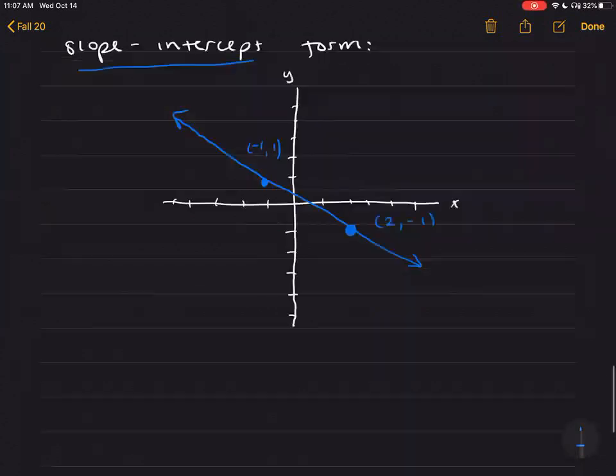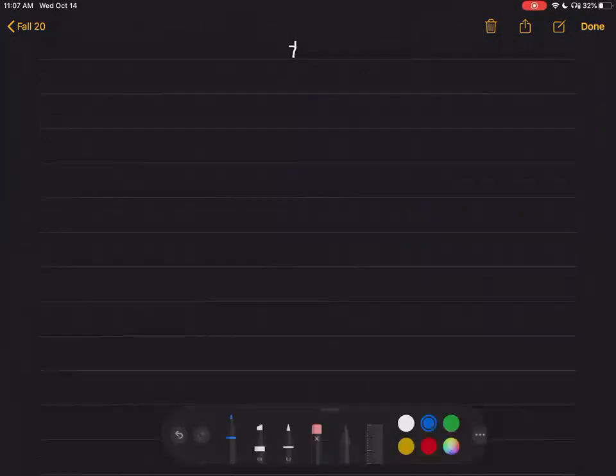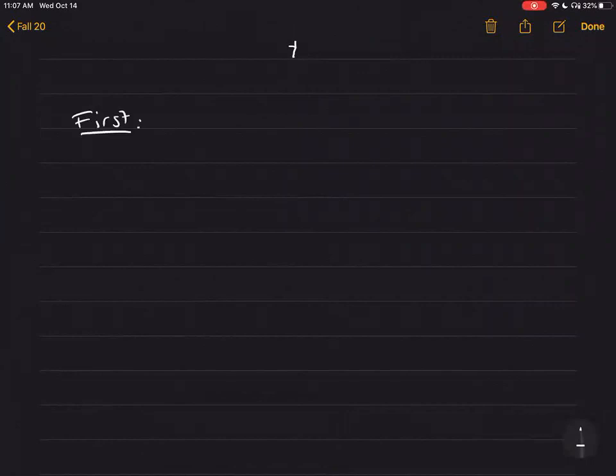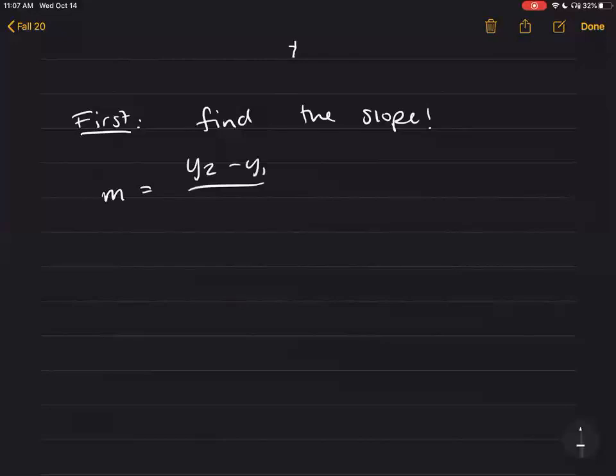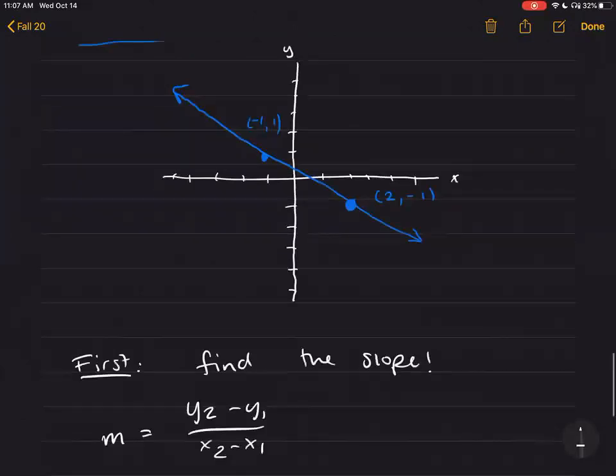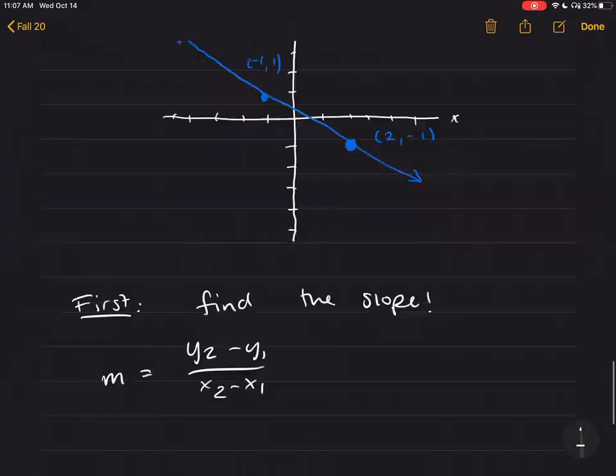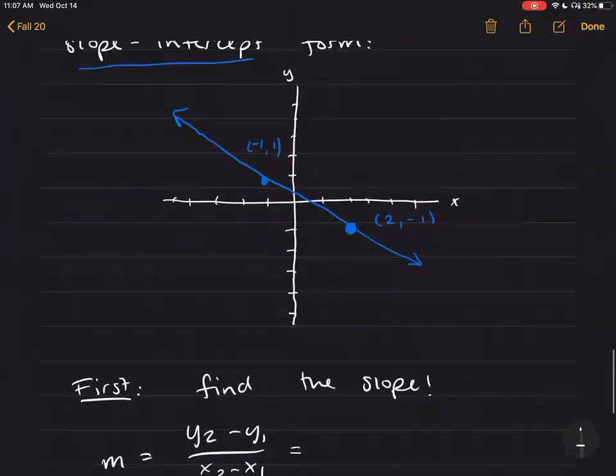Let's first find the slope, because we actually need it for both of them. Remember, it's rise over run, and the equation was y2 minus y1 over x2 minus x1. It doesn't really matter which point I pick to be my x1, y1 and which to be my x2, y2, as long as I'm consistent.